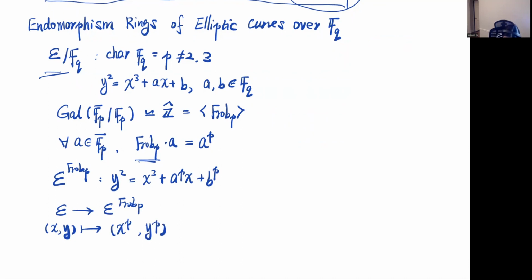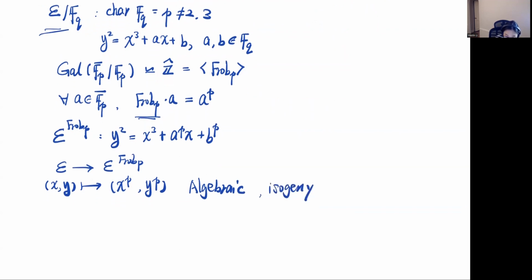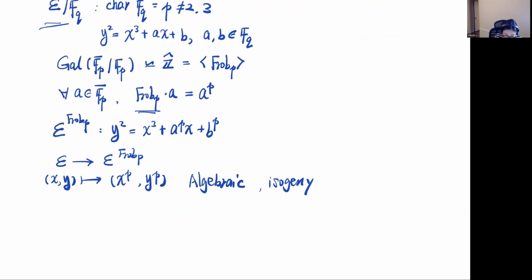So this Galois action, as you can see, is different from the Galois action over number fields, over Q, right? As I emphasized, most of the Galois actions are not algebraic maps. But you see here that this is algebraic. It's very cool. It's actually algebraic. So this is actually an isogeny. It's very different from the characteristic zero case.